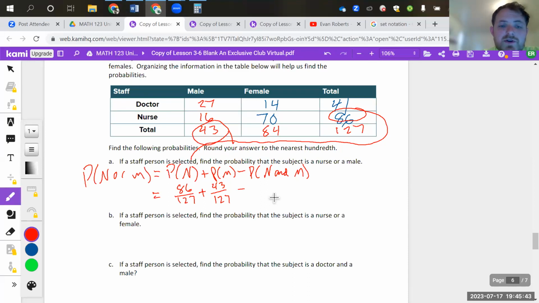The probability that they're a nurse and a male, it looks like it's 16 out of the 127. So again, this formula, I don't know how to do this question another way. You end up with 113 out of 127.